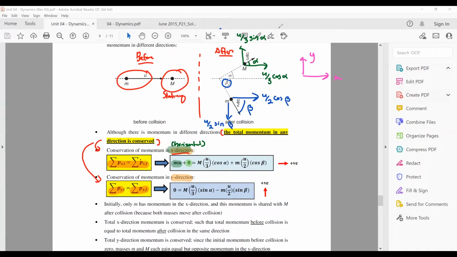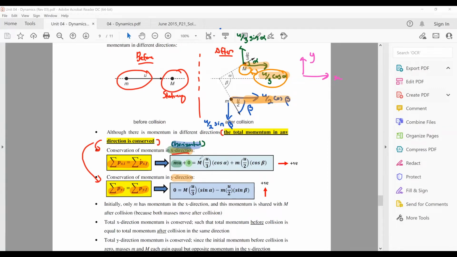Okay. Since I'm only considering the x direction, or the horizontal direction, I only consider the momentum in the x direction here, which means I only want to consider this one and this one, the momentum for these two. If I talk about the big M, the momentum will be the product of the mass and velocity in the x direction.